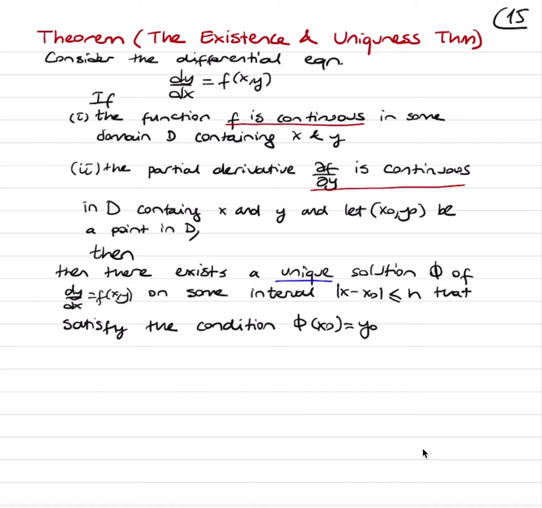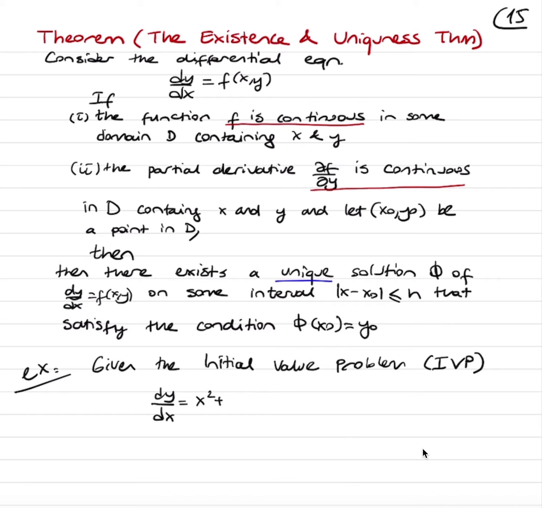Okay, let's give some examples. Example. Given the initial value problem, if you remember, we write IVP as short. So our initial value problem is given like this: dy over dx is equal to x squared plus y cubed. And when the initial value problem is given, there is also a condition given.